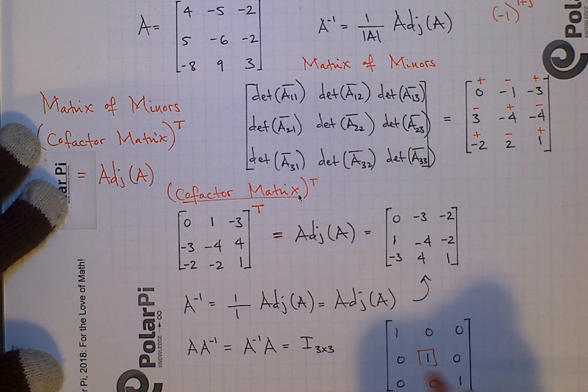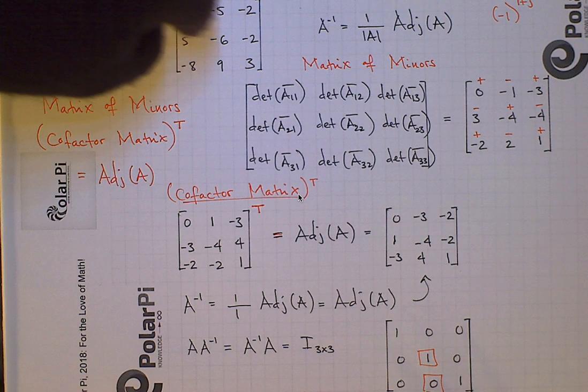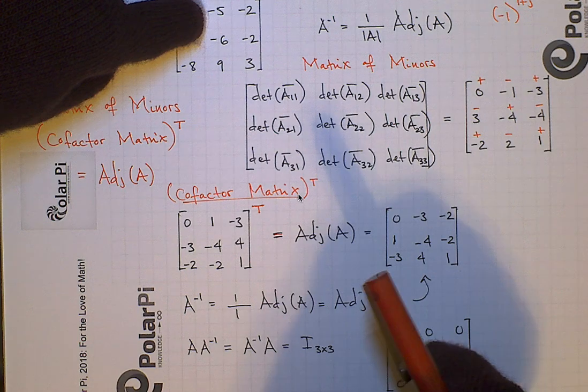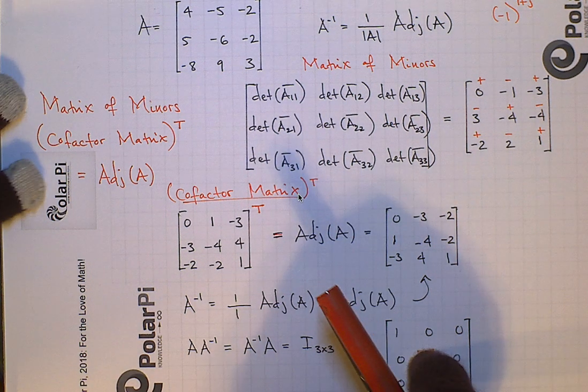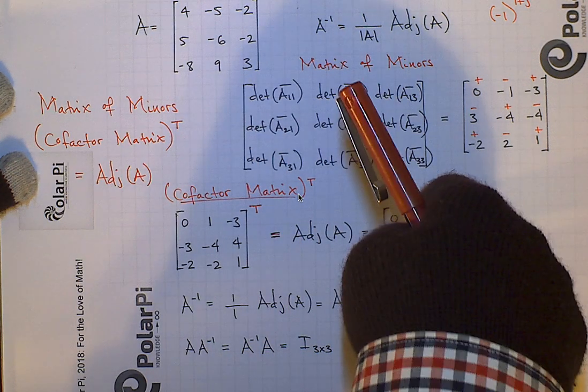All right, so let's spot check this in a couple of places to make sure that we found the correct inverse. So let's check that spot and this spot. Using matrix multiplication, I'm going to do A times A inverse and check that this is going to be 1, that's going to be 0. For the 1, we take this second row and multiply it against the second column here.